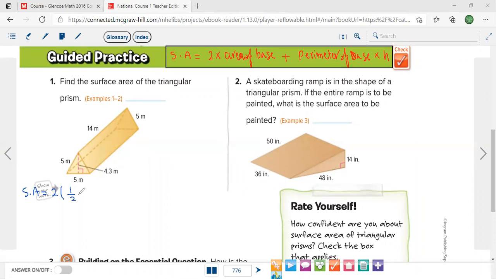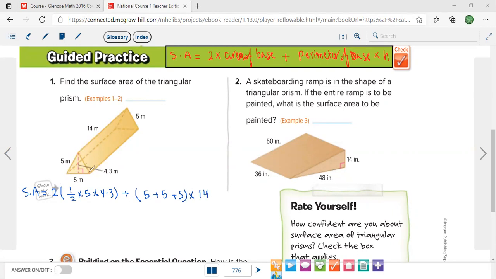So half times base of triangle is 5. Height of the triangle 4.3 plus perimeter of the base. So sum of sides of the triangle 5 plus 5 plus 5. Multiplied by the height of the prism, all of it 14.